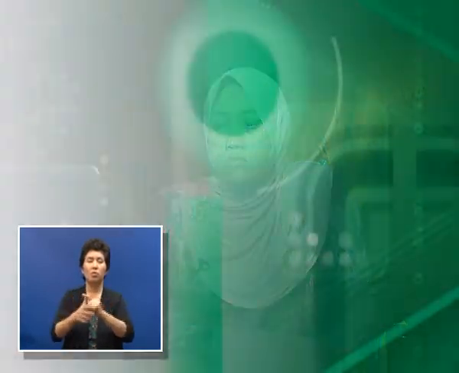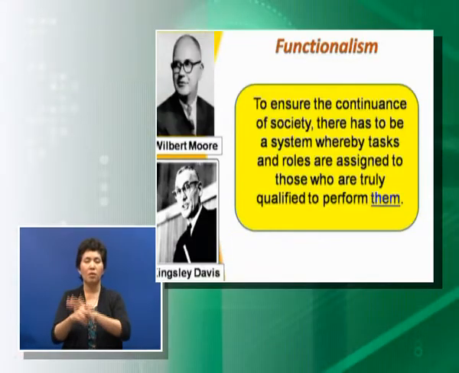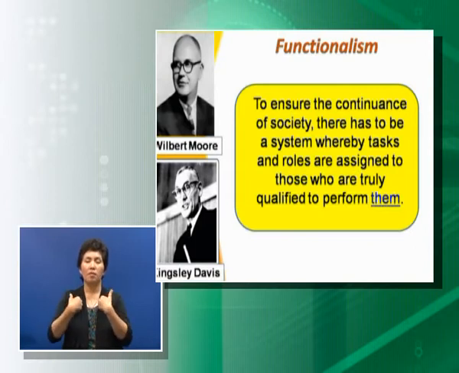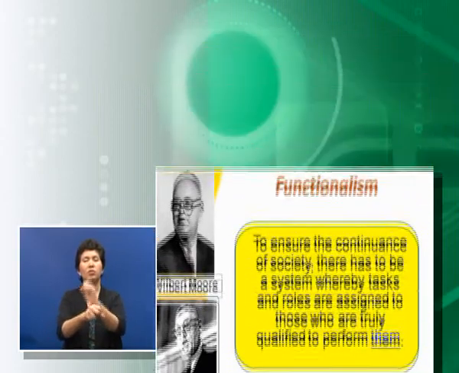There are two anthropologists who talk about functionalism theory in social stratification. The first one is Wilbert Moore and the other one is Kingsley Davis. They mention that to ensure the continuance of society, there has to be a system whereby tasks and roles are assigned to those who are truly qualified to perform them. For example, if society provides a system whereby a pilot receives the same pay as a janitor, surely nobody will take the trouble and risk to train and work as a pilot.